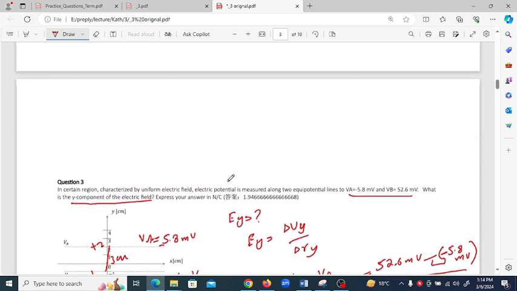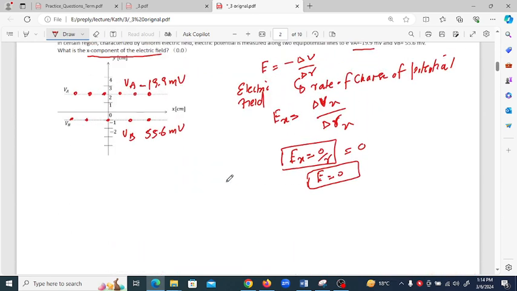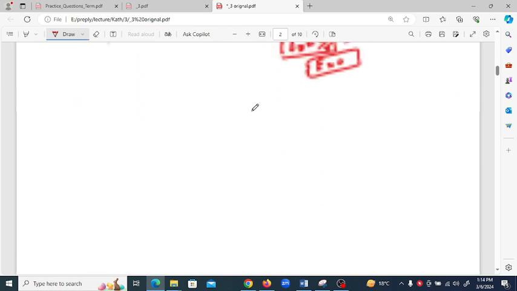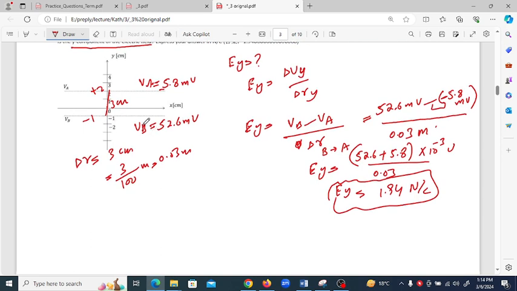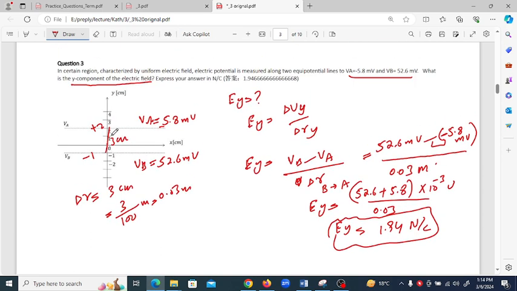I repeat again, for the X component, the X component is 0 because there is no change of potential along the X direction, so the electric field intensity along the X direction is 0. For the change of potential along the Y direction, we need the distance between the VA and VB lines. This is the absolute value, we don't need to care about negative or plus.